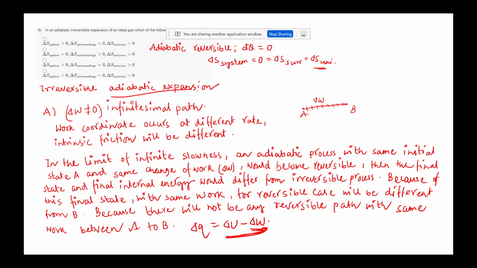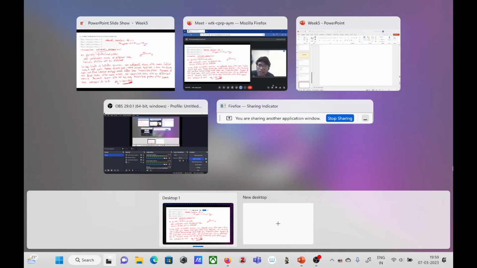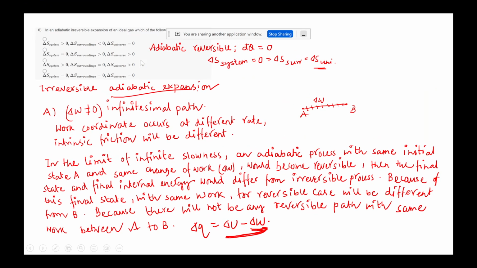Then we got the basic concept for calculating entropy, and we learned that for an adiabatic irreversible expansion, delta S system is greater than 0, and since there is no heat exchange with the surroundings, delta S surroundings is equal to 0. So the change in entropy of the universe will be greater than 0.